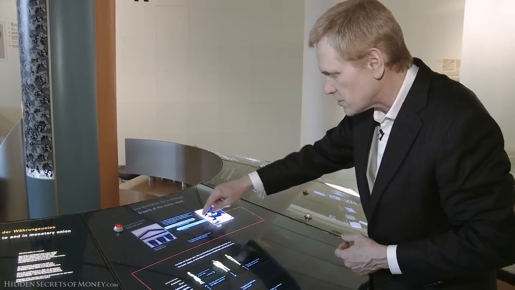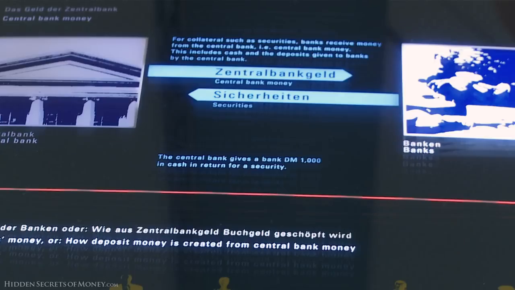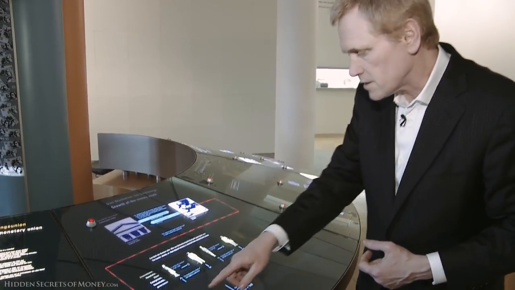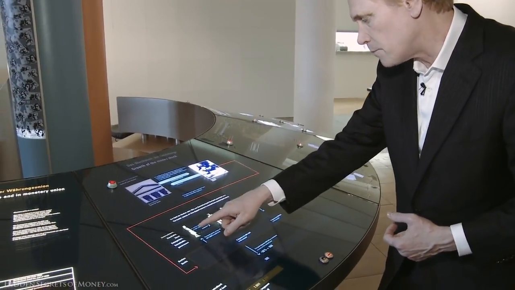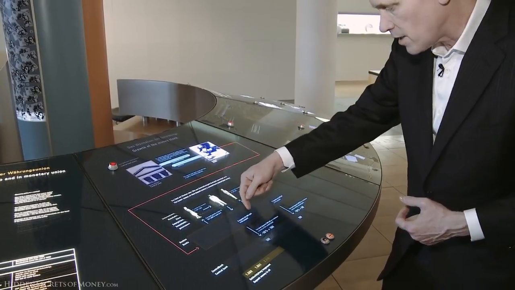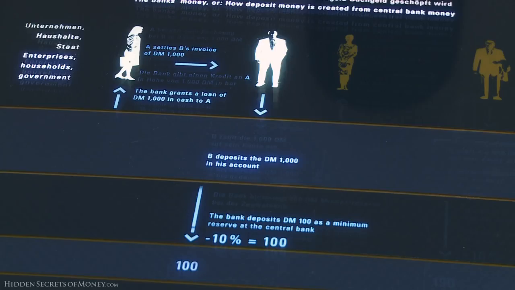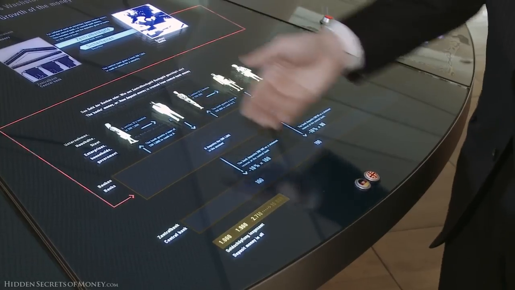The central bank writes a check and the Treasury issues a Treasury bond, which is an IOU, and that creates currency. Then somebody is paid, it gets deposited into a bank account, and of the 1,000 marks, they withhold 10%. So right here, they're already telling you that his bank account is a lie.